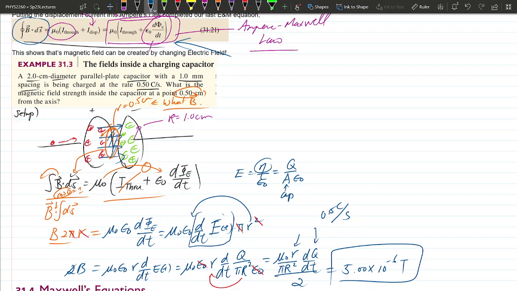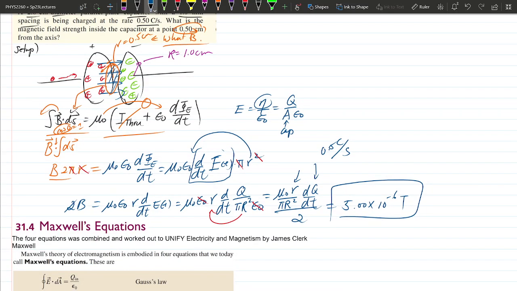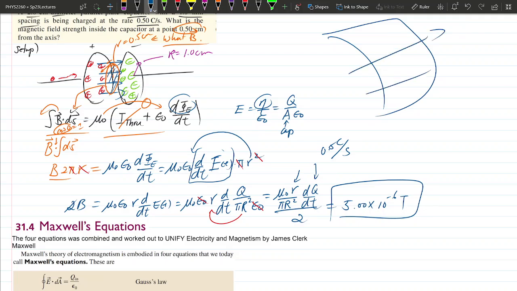Any questions about this? Besides looking up the constant, it wasn't too bad, I think. Yeah, question? The electric flux, remember when we talked about flux over a surface, with some electric field going through here? If you have a constant electric field and a constant area, the flux is just the electric field times the area.